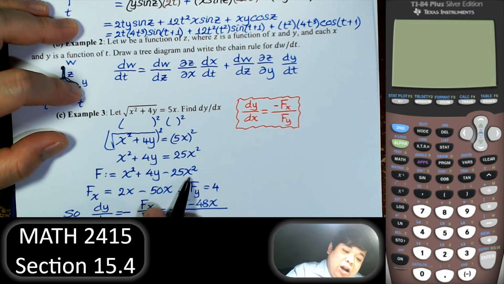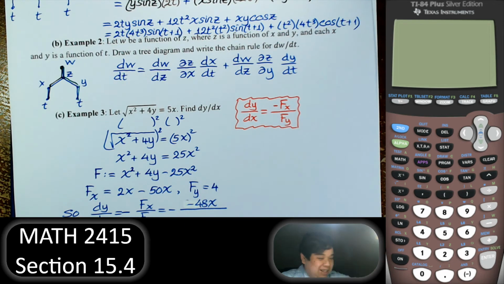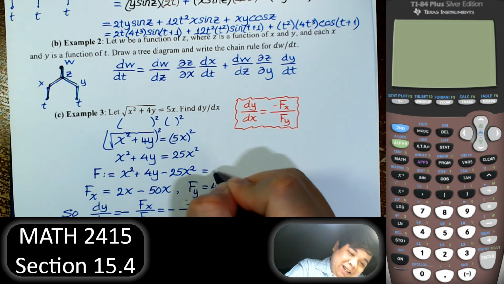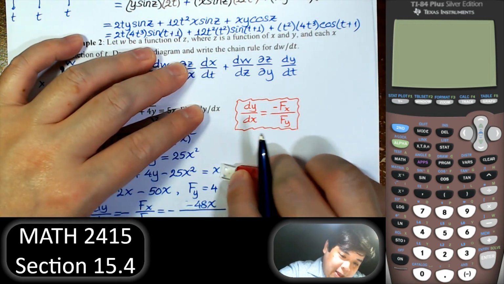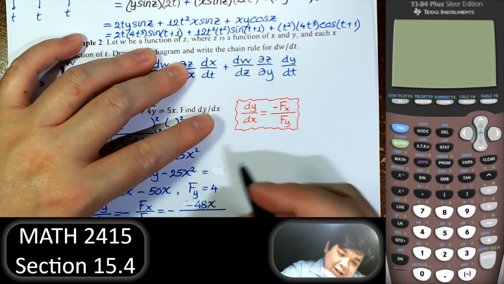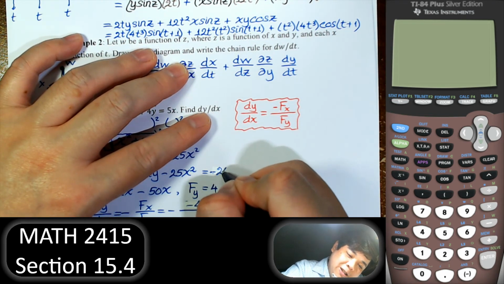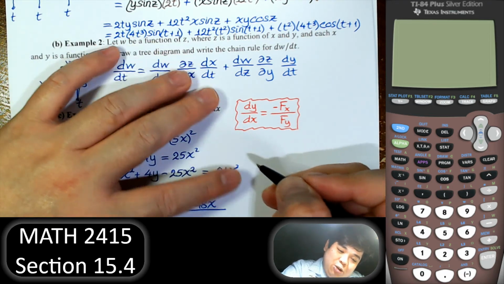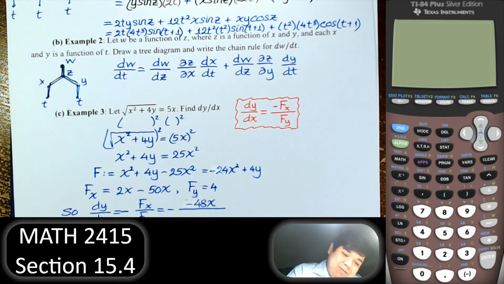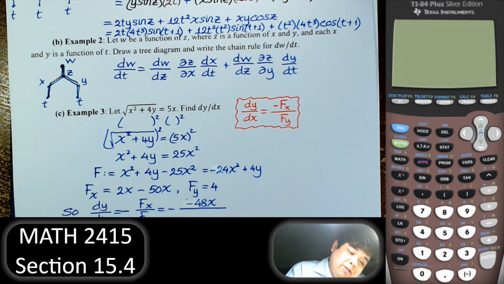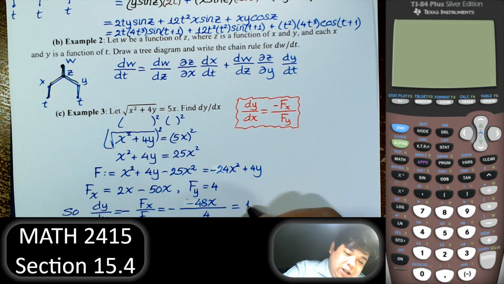Yeah, just combine them. Yeah, I should do that from the beginning. Anyway, still fine. And then divide by f sub y, which is 4. So we have 12x.